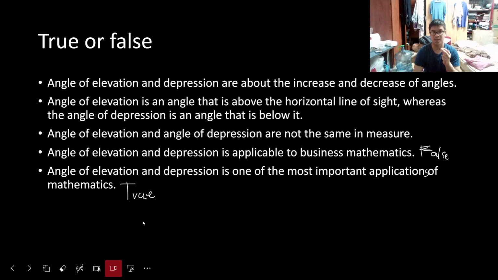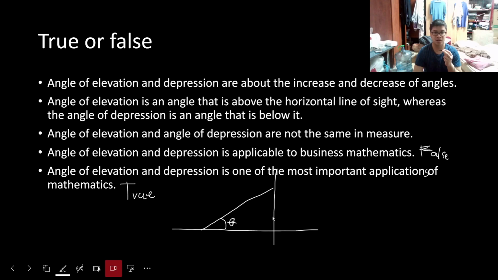Especially since I've given you some real life applications of angle of elevation and depression that make sense. Right now I'm giving you examples from subjects like engineering and physics, but I can give you other important applications. For example, say you have a ladder on a wall, and you have the ground here, and a given angle at this point.